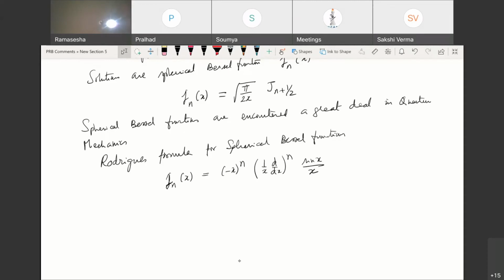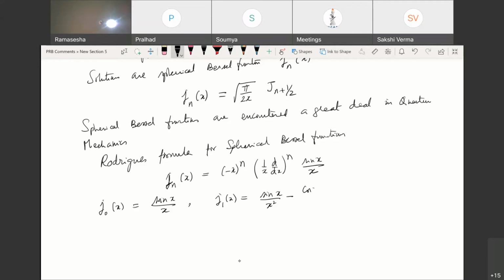Here I'm going to differentiate repeatedly, operating repeatedly with the operator 1 by x d by dx on this function sin x by x. So j0(x) is equal to sin x by x, and j1(x) will be sin x by x squared minus cos x by x. Okay, so you can always get them.